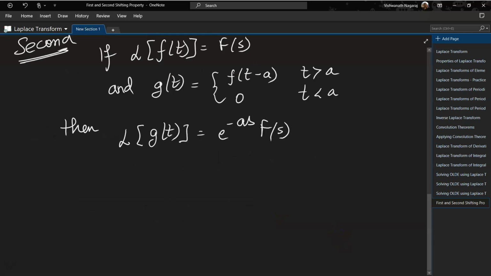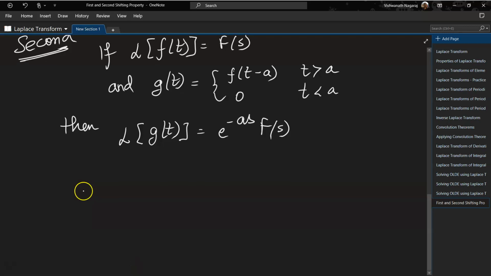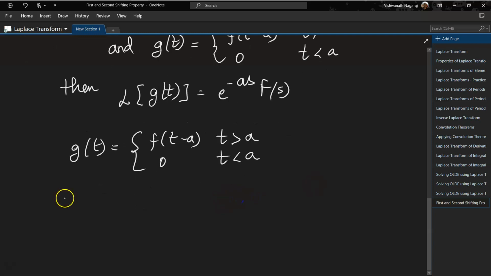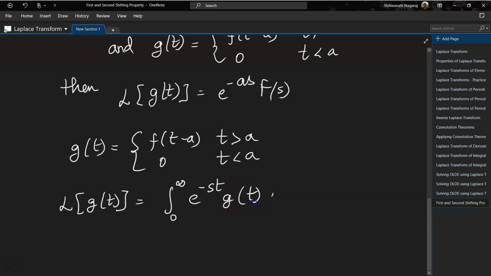Okay, let's prove this. Let's begin with g of t equal to f of t minus a when t is greater than a, and 0 when t is less than a. Now let's do the Laplace of g of t, as per the definition, the integral from 0 to infinity of e to the power of minus st g of t dt.